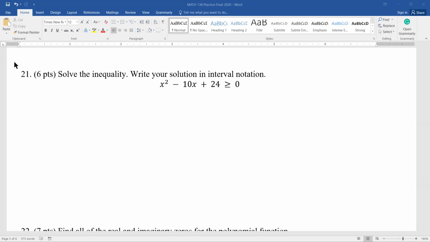So the right side starts at 6, including 6, and continues going on forever to positive infinity. So right here is my final answer. So -infinity to 4 and 6 all the way to positive infinity.